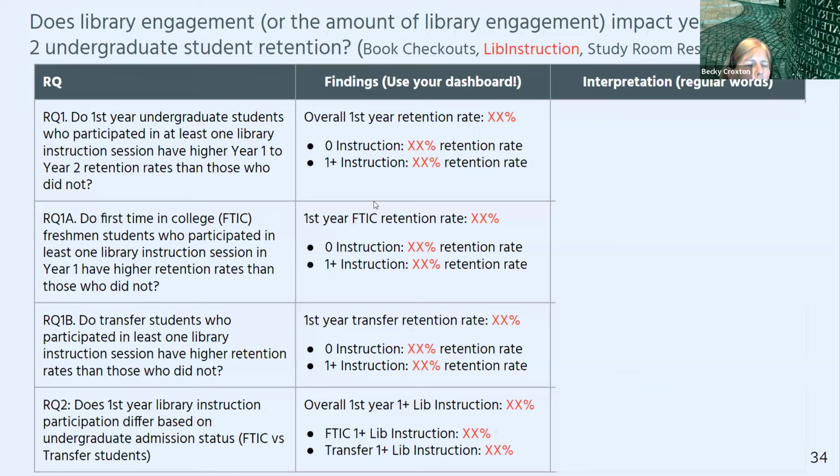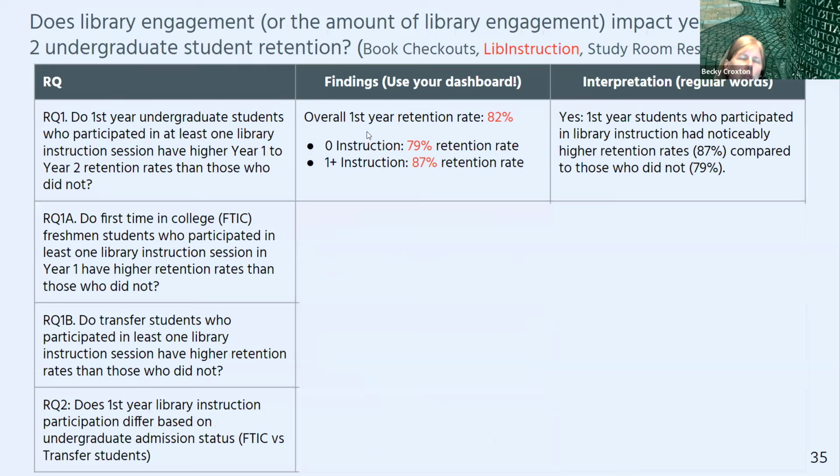Using the dashboards to answer the questions. For example, this is undergraduate students overall. I'd fill in their retention rates using those dashboards I created to then answer our question.